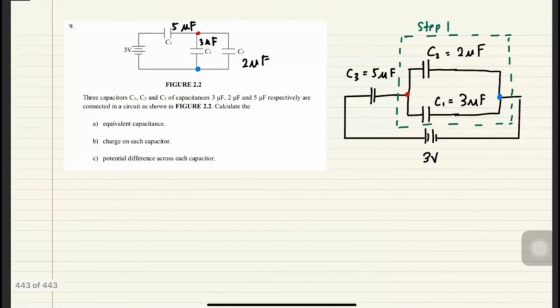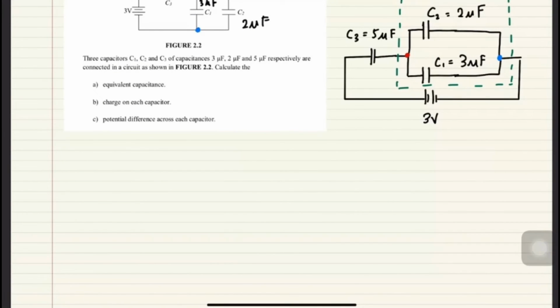If you combine C1 dengan C2, nanti kamu akan dapat something like this.